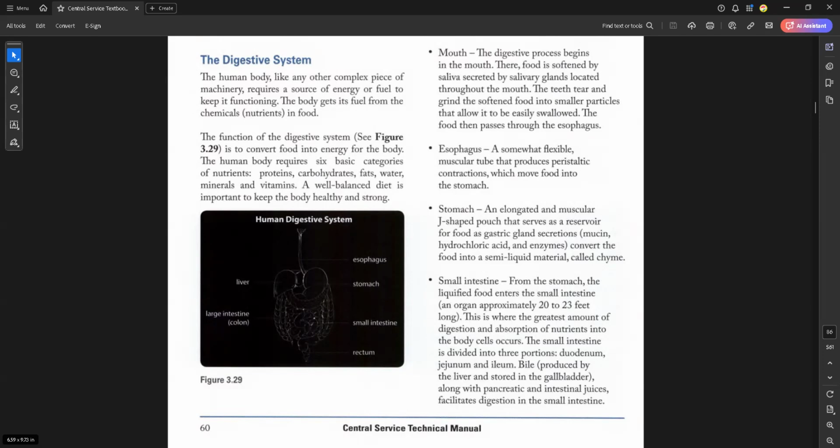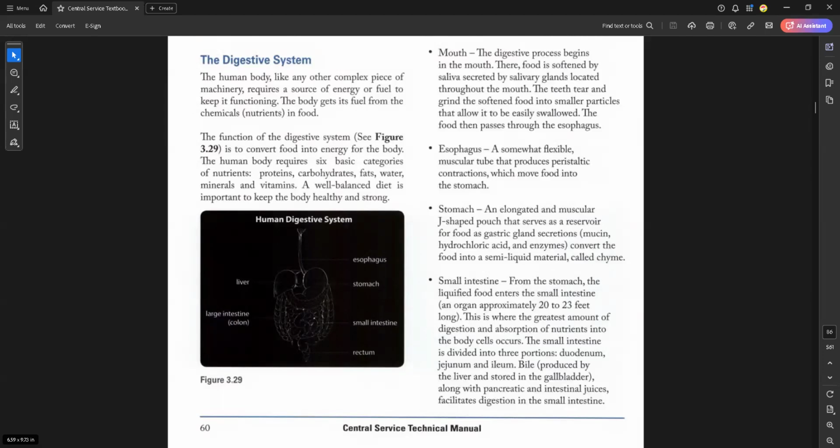So for you to have energy, the small intestine is very, very important. From the stomach, the liquefied food enters the small intestine, an organ approximately 20 to 23 feet. This is where the greatest amount of digestion and absorption of nutrients into the body cells occurs. You see? So the small intestine is very, very important. That is where your body is going to be happy.